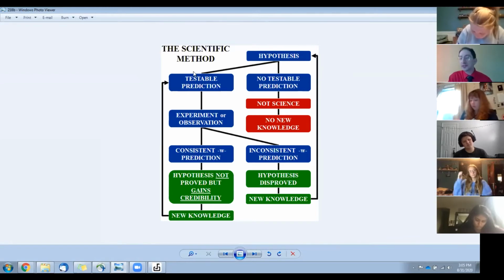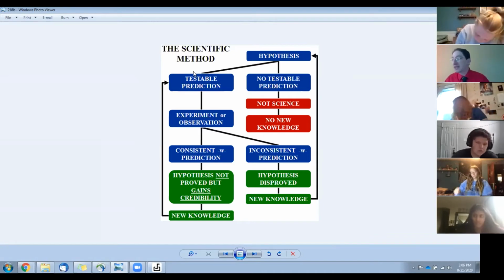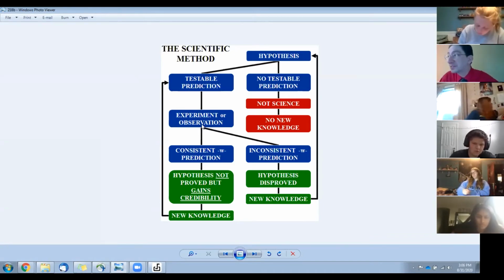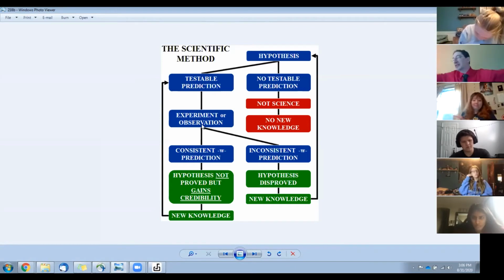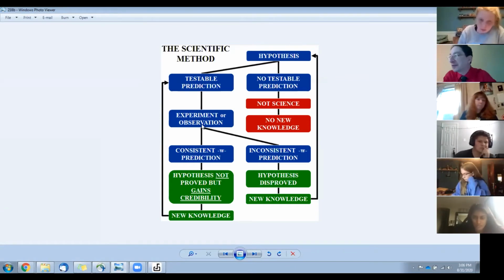Now, science deals with these testable predictions. If you have a hypothesis that makes a testable prediction, then you design an experiment to test it. Or in the case of astronomy, we can't design experiments with cosmic bodies, so we have to observe a lot of the universe looking for this experiment actually happening out there in space. And then you can have two results.